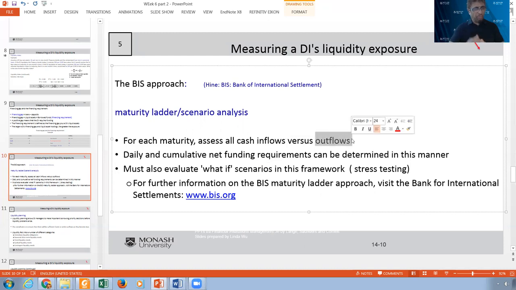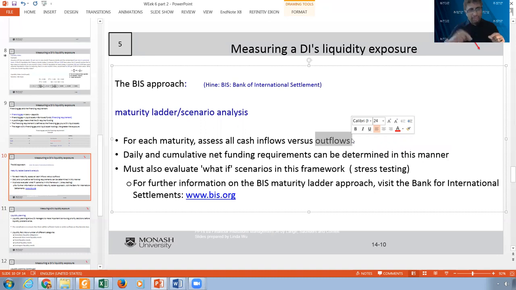So you come up with different scenarios, and of course you have to be very careful when you develop those scenarios. And then in this case, you will see what the difference is. Now, when you see the difference, which is the financing requirement and liquidity requirement, then you will test your ability to raise that type of fund in that time.